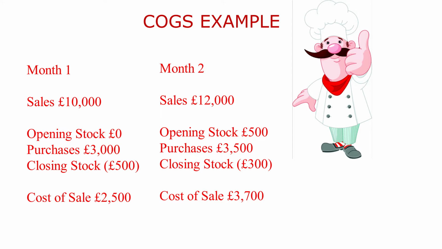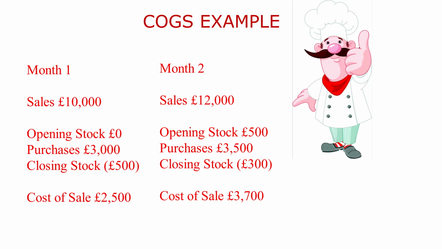To generate that £12,000 of revenue, you have used your opening stock of £500, some of the purchasing of the £3,500, but you haven't used £300 worth of stock, so that needs to be removed. And the actual cost of sale to your business this month was £3,700, whereas last month it was £2,500. But this month you've generated £12,000 worth of revenue, and last month you generated £10,000 worth of revenue.